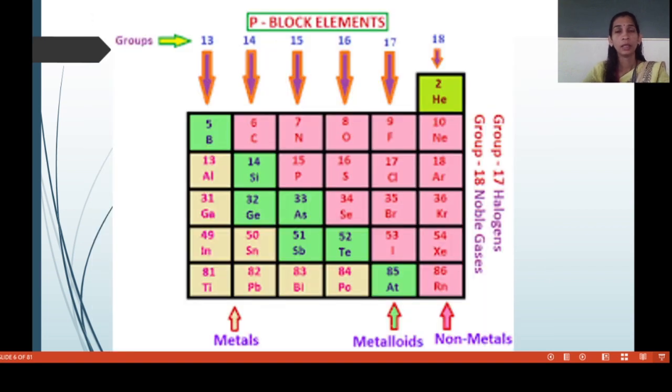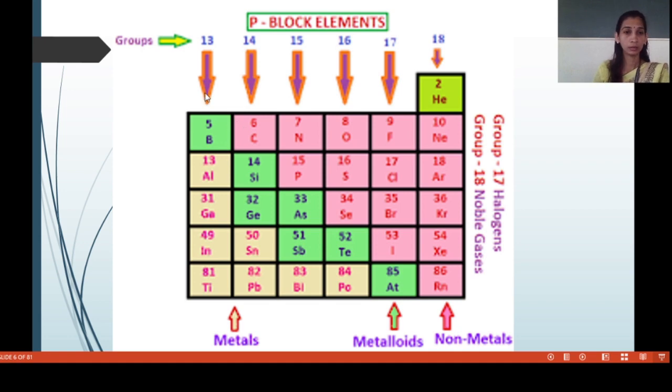From that, in 11th standard, we discussed the P block elements. From that P block, groups 13, 14, 15 are completed. In this year, we will see groups 16, 17 and 18.